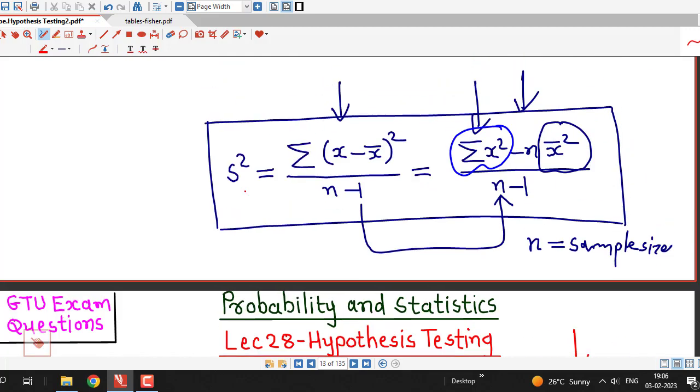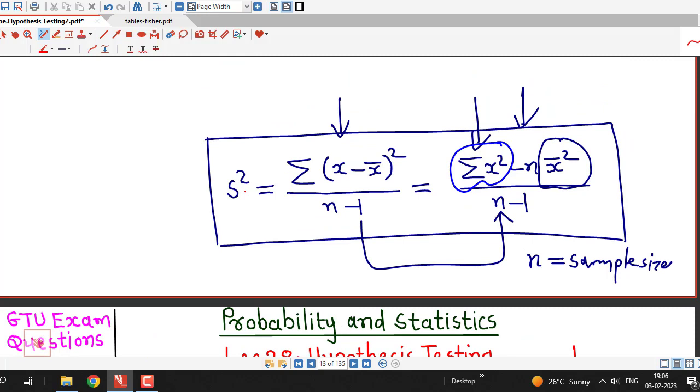Now we recall the formula for sample variance. If x bar is the mean of the observations in the sample, and if there are n observations, then the formula for sample variance is sigma x minus x bar whole square divided by n minus 1. That is, we are taking sum of squared deviations from arithmetic mean, and we are dividing by sample size minus 1.